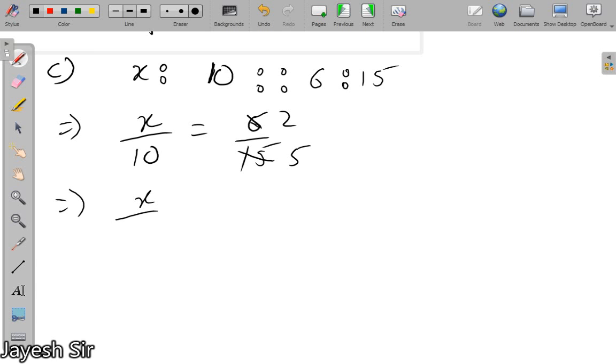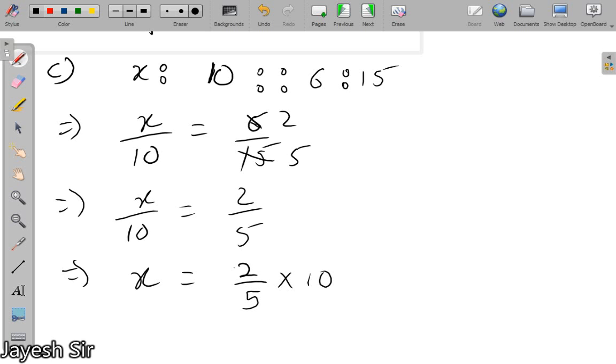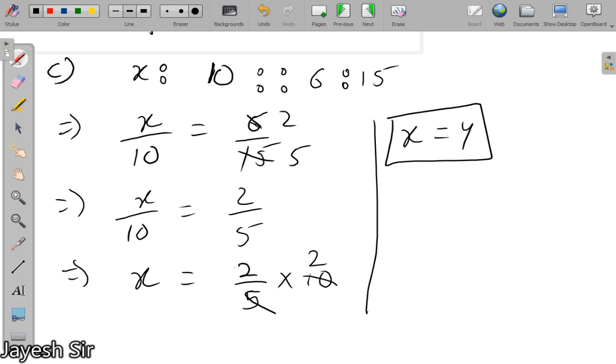So we have x upon 10 is equals to 2 upon 5. Transporting 10 to the other side, it will be equal to x is equals to 2 upon 5 into 10. 5 2s is 10. In this manner, x will be equal to 4. So when value of x is 4, above statement will be in proportion. Okay.